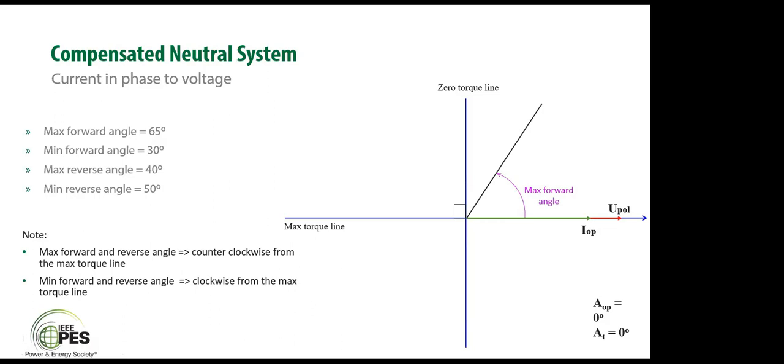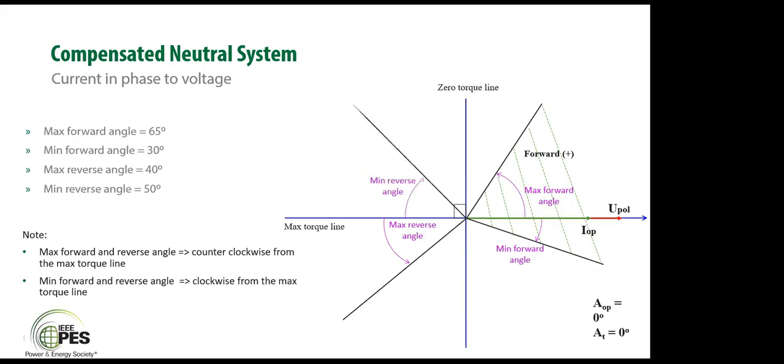In a similar way, the minimum forward angle is 30 degrees, so 30 degrees clockwise from the maximum torque line we get the minimum forward line. The area between the maximum and minimum forward lines is the forward operation zone. Similarly, the maximum reverse angle is 40 degrees counterclockwise from the maximum torque line, and the minimum reverse angle is 50 degrees clockwise.